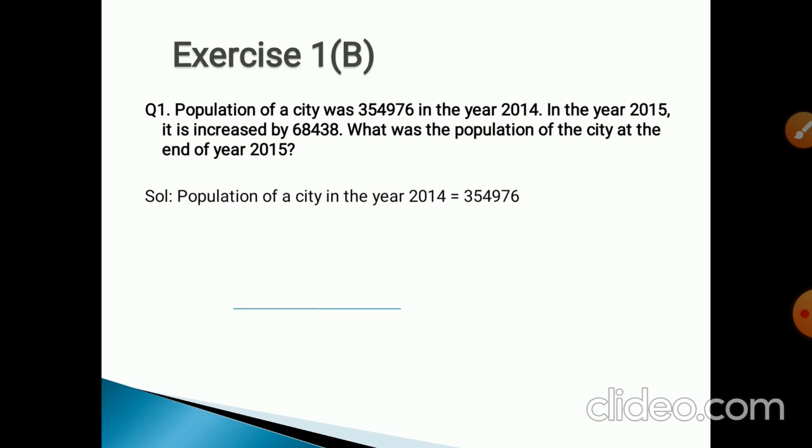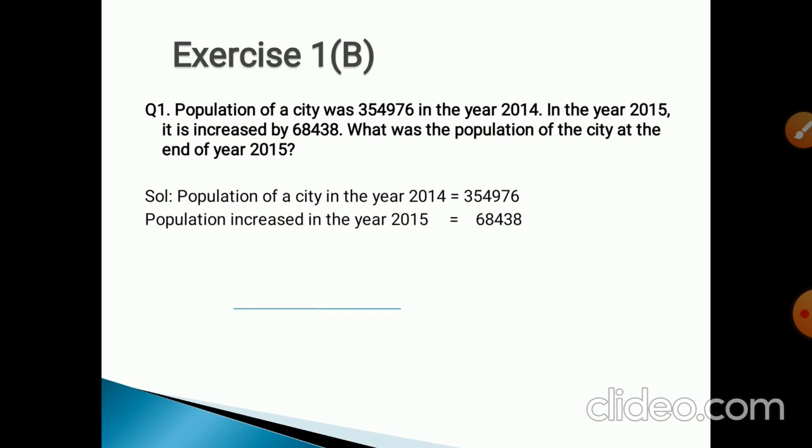Here you are told that the next year this many people increased in your city. So when any number increases in the question, what do we do, we add the numbers. We add those numbers. So the population increase in the year 2015 is this.